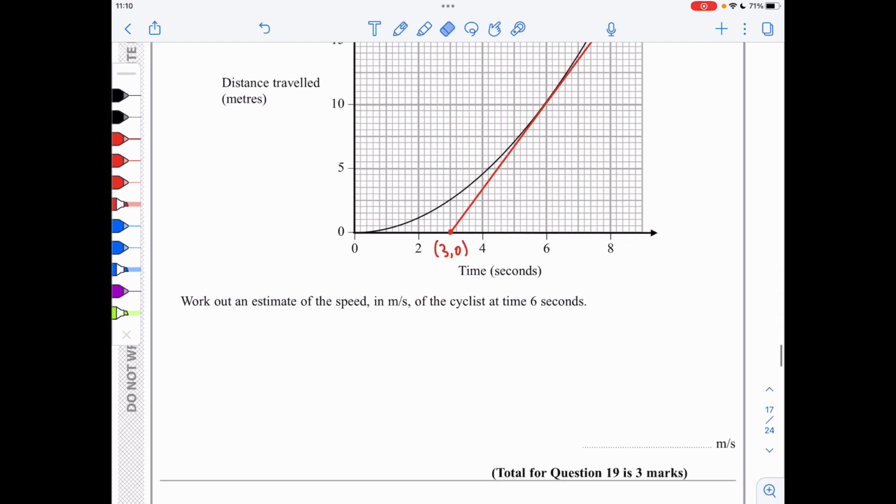So we know that the speed is the gradient, so we do y2 minus y1 over x2 minus x1, 17.5 minus 0 over 8.2 minus 3 turns out to be 3.4. Remember, this is an estimate because each one is drawing a somewhat different straight line here. The examiner is accepting anything between 3.05 to 3.7.